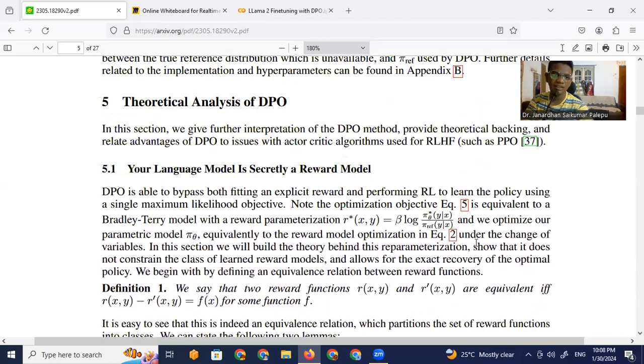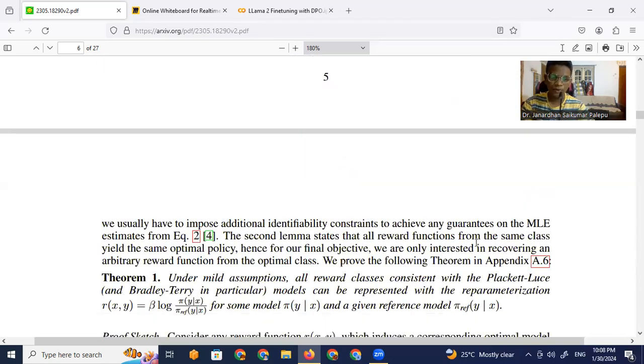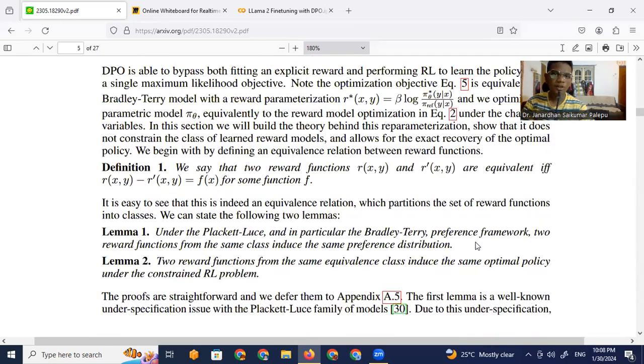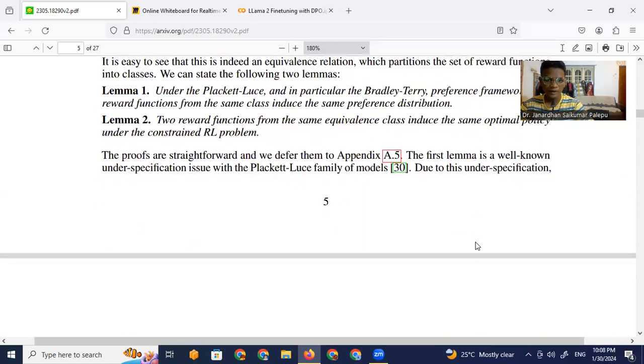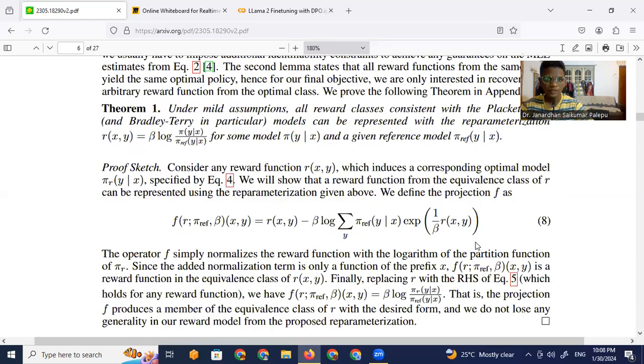They have given a theoretical analysis of DPO. I should probably read it, and I'll probably make another video on the theoretical analysis separately. But I think they found that DPO is more stable, and that it also has a normalizing term, making it learn slowly. I think that is what they showed here.